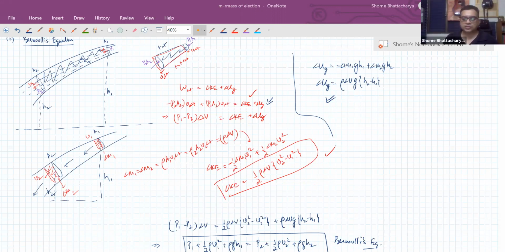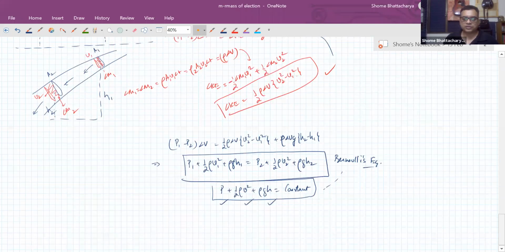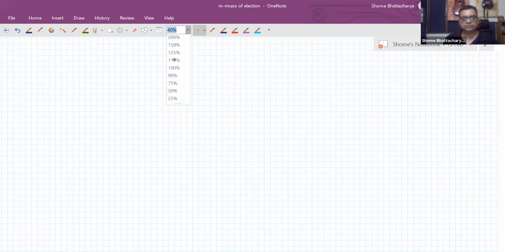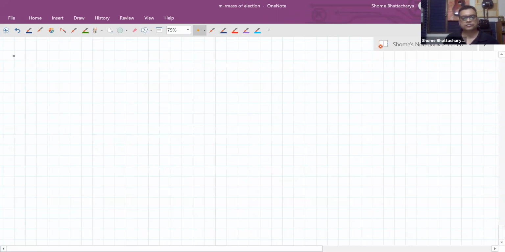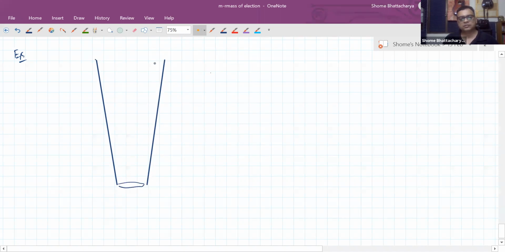Okay, so let's understand a quick application of Bernoulli's equation. For example, if we have a tapering pipe like this, which is basically continuing like this.